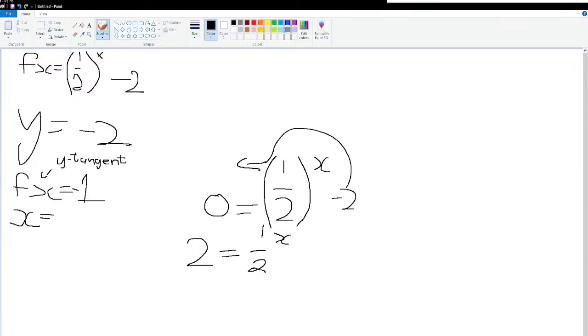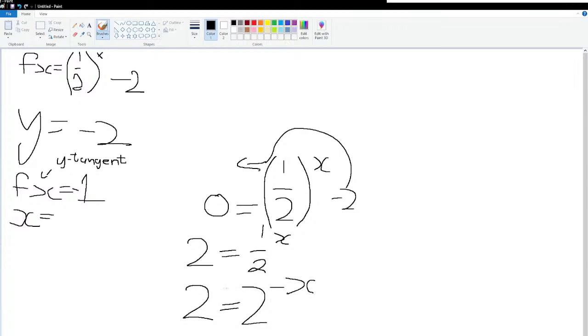But to make this make sense, they made this x a negative, which removes the fraction. So 2 is equal to 2 to the power of negative x.